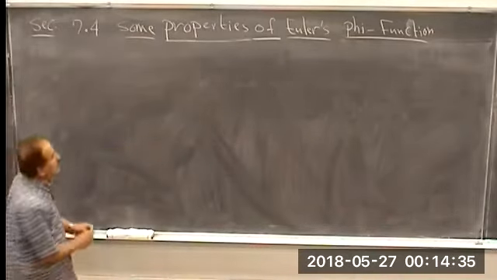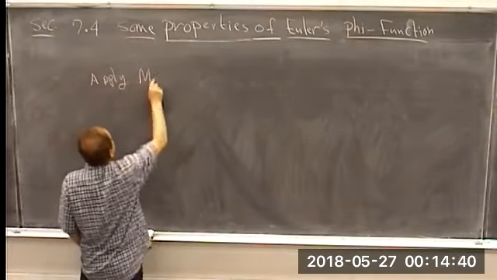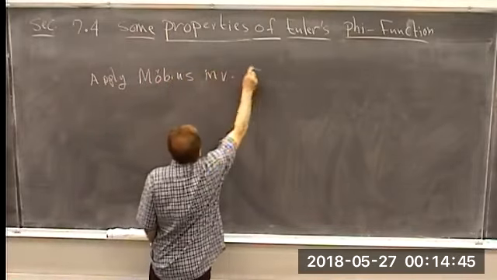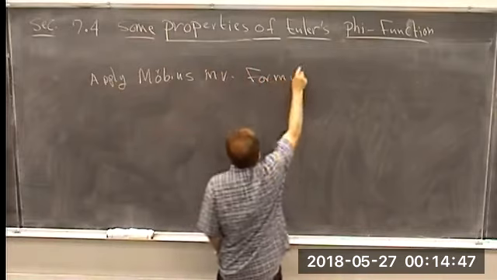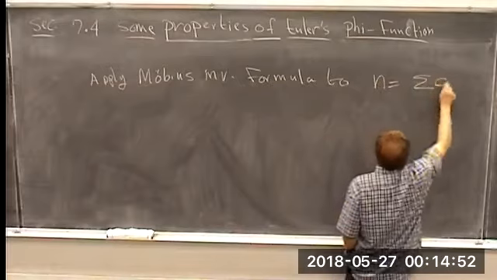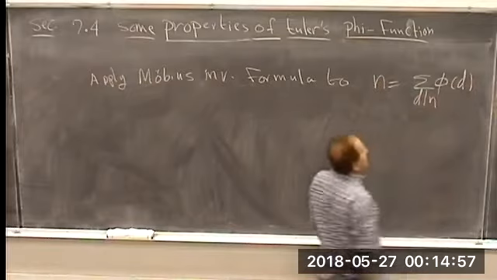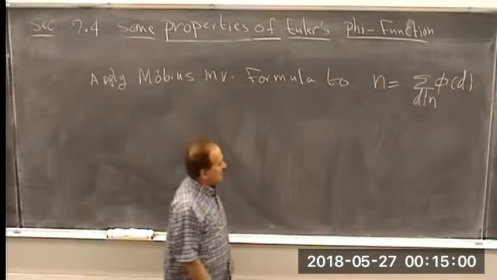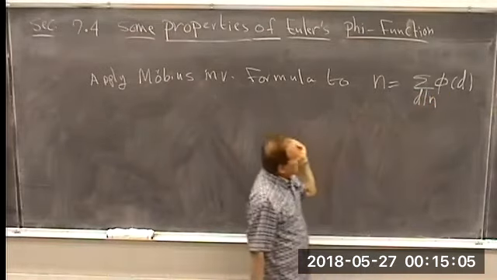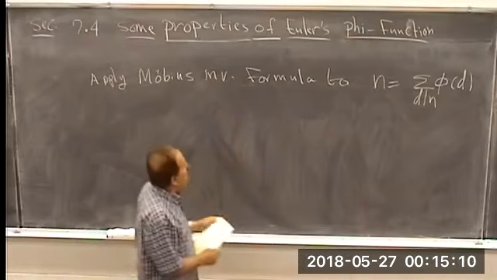Our next objective is to apply the Mobius inversion formula to this. Remember, this Mobius inversion formula allows us to solve this identity for phi of n. What is phi in terms of n? And this is actually the next theorem.